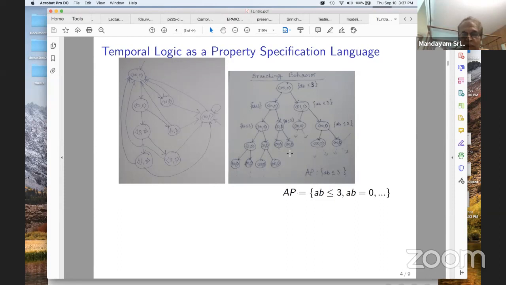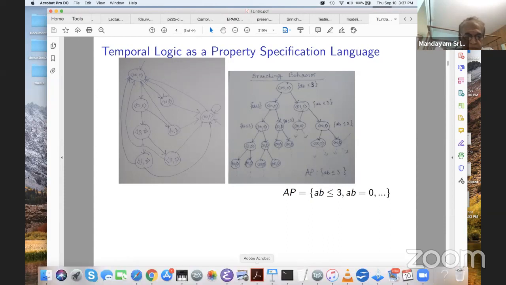The computation tree is labeled with the predicates a b less than or equal to 3 and a b is equal to 0, because that's the one that we are interested in. So I will illustrate what a property is.